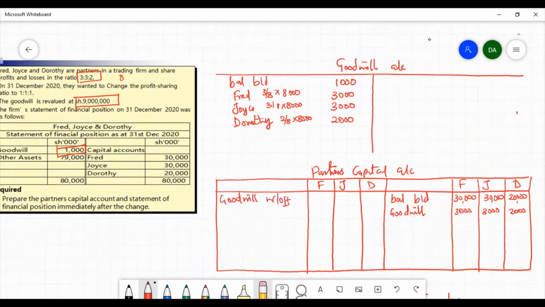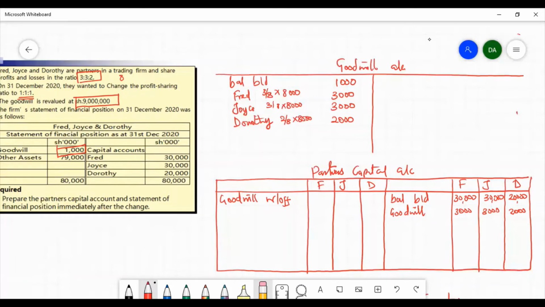To write off goodwill in the partners' capital accounts, goodwill is written off in the new profit sharing ratio. And the amount of goodwill to be written off is the total amount of goodwill, which is 9 million. To write off 9 million among the three partners in the new profit sharing ratio, which is 1 to 1 to 1, that is to mean goodwill is written off equally among the partners.